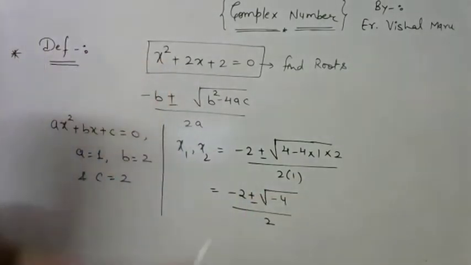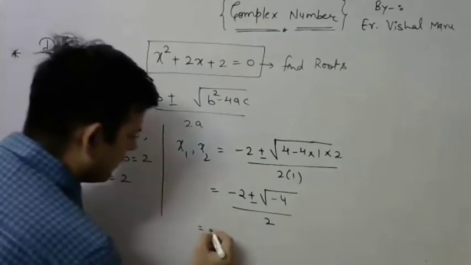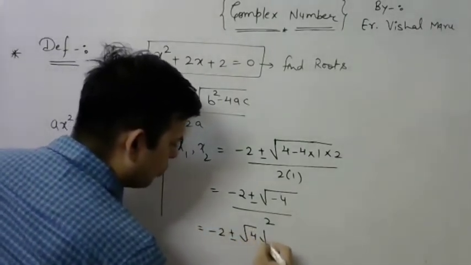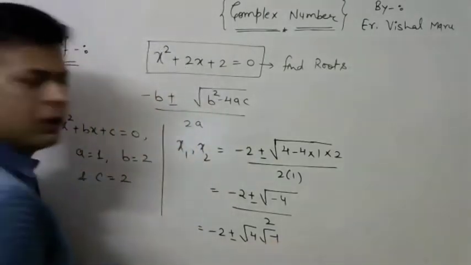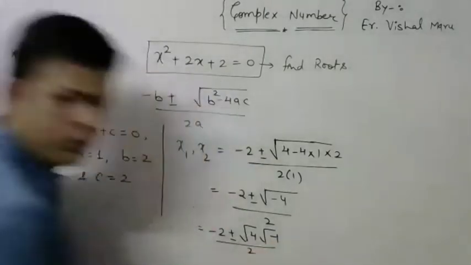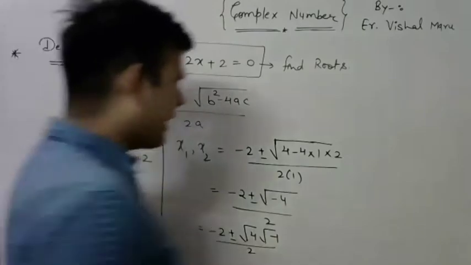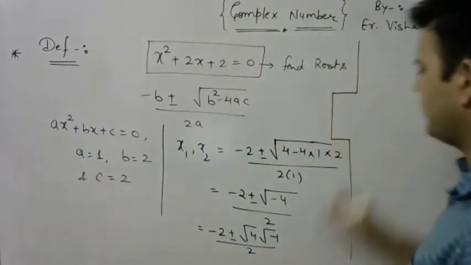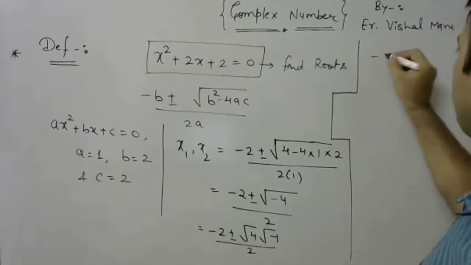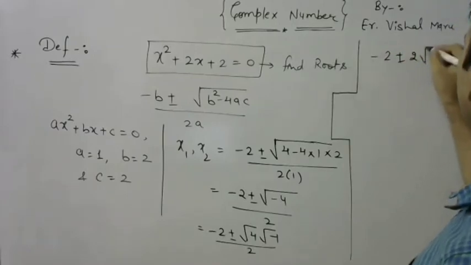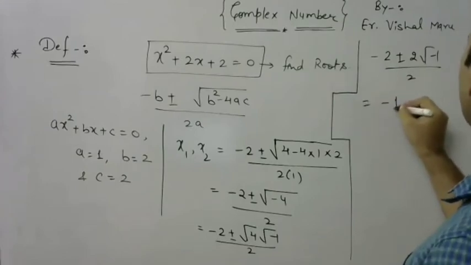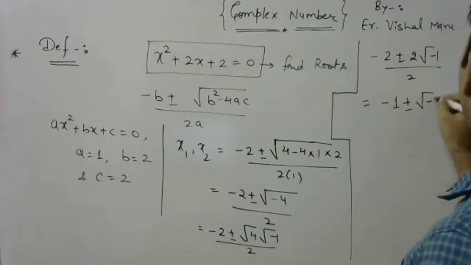So how do I solve it? I will make it minus 2 plus minus root 4 and root minus 1 upon 2. Simplifying this, I get minus 2 plus minus 2 root of minus 1 upon 2. Dividing by 2, I get minus 1 plus minus root minus 1.